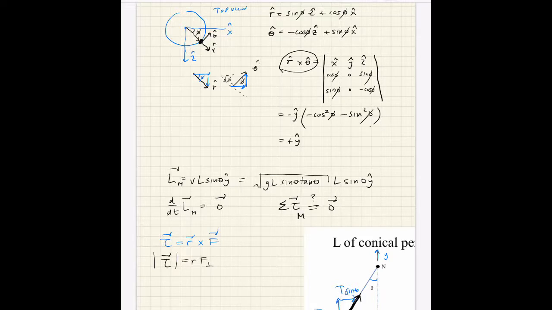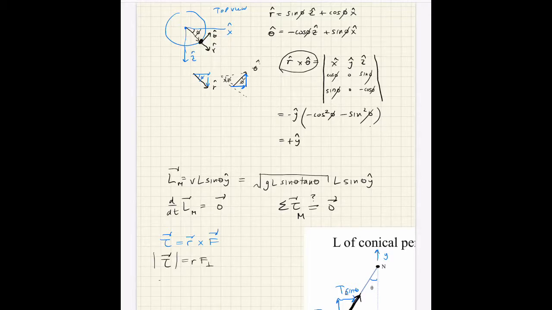Now, this isn't exact, because here the clockwise direction is associated with into the board, which is the minus z hat direction at this point, but it's actually associated with the minus theta hat direction, because this thing is moving in a circle.